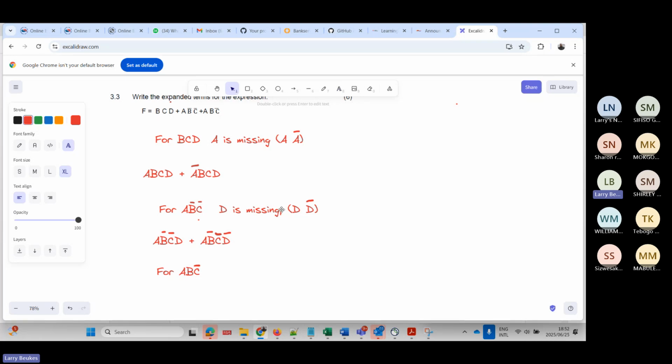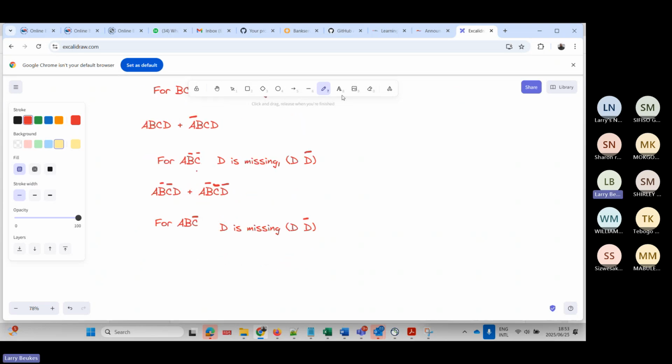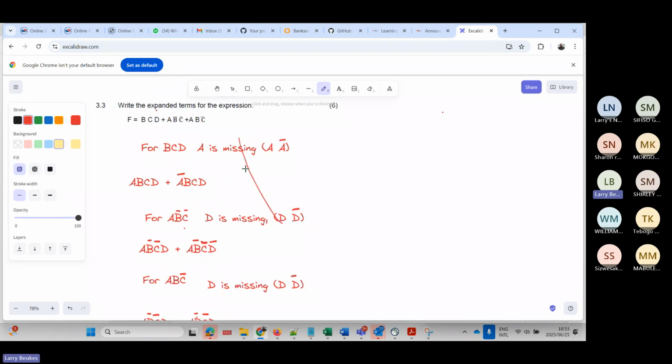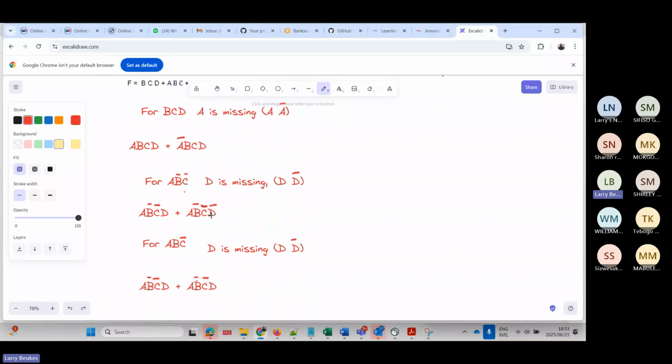So it will be D and not D. Okay, so this will then be A, B, C, D, A, B, C, D. Sorry, it's only not C. Let me fix this.